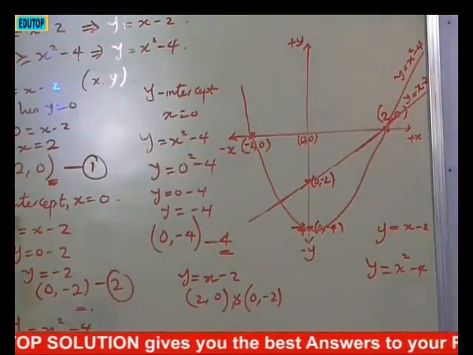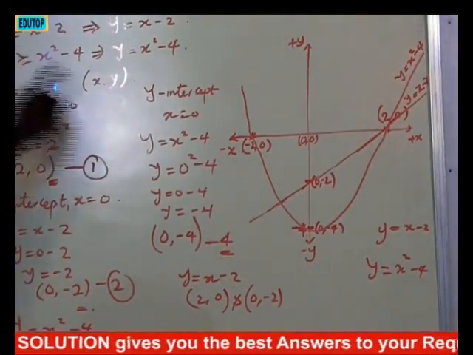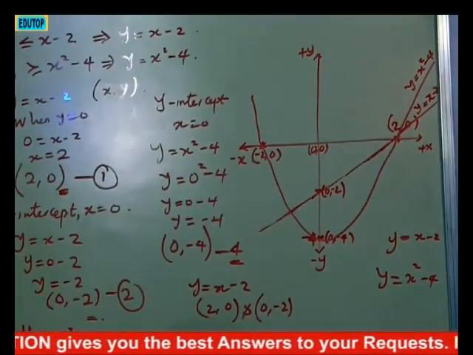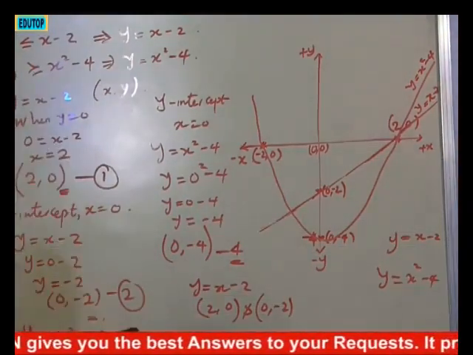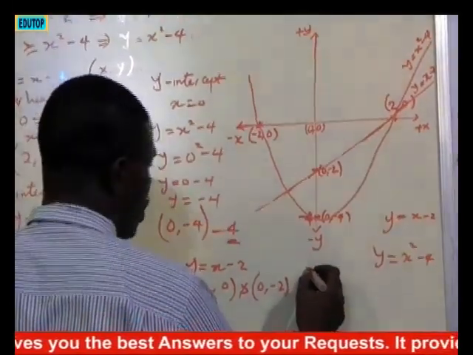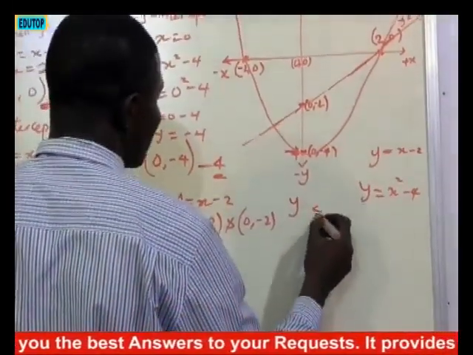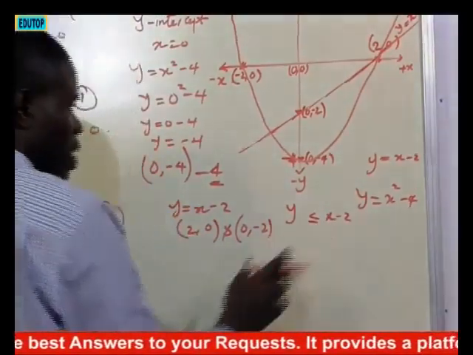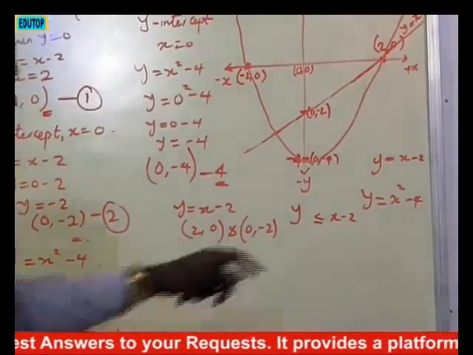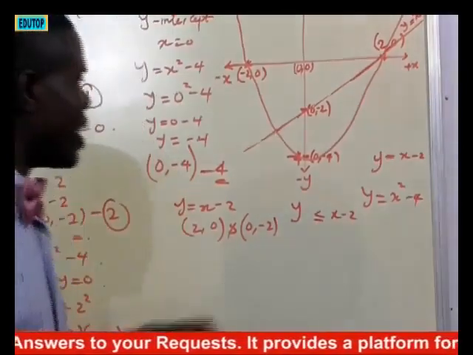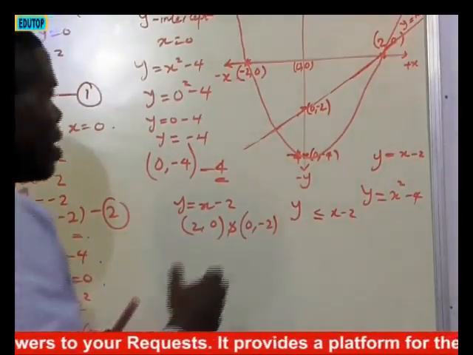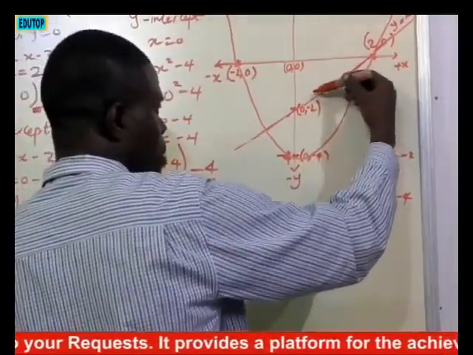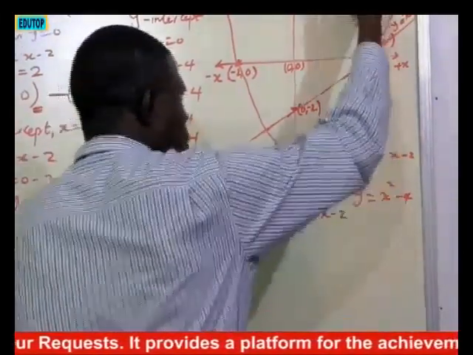Now, this is what you have. But let's now consider what we are given for this very one. How are you going to determine the shaded region? Look at what we have. The original inequality is y is less than or equal to what? x minus 2. So whenever you have this kind of scenario where y is less than or equal to, that means it will be a region below this. There is a region below and there is a region above.